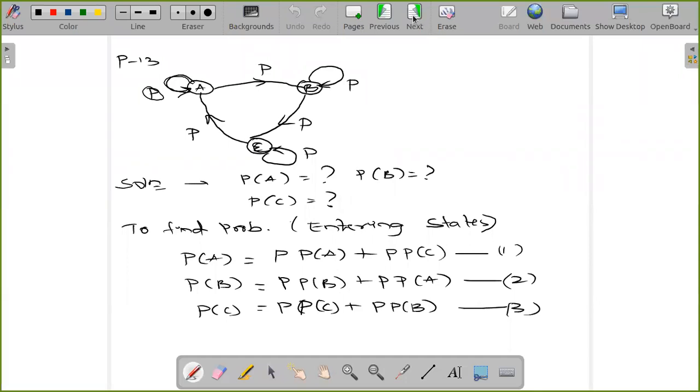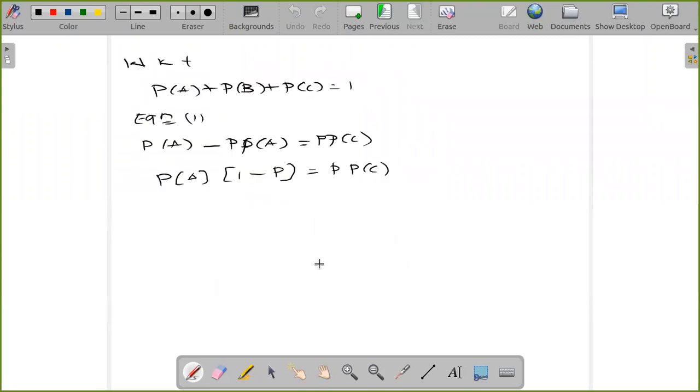Now I'll take one more equation, the second equation. The second equation can be written as, how has it to be written? The second equation should be converted into A again.